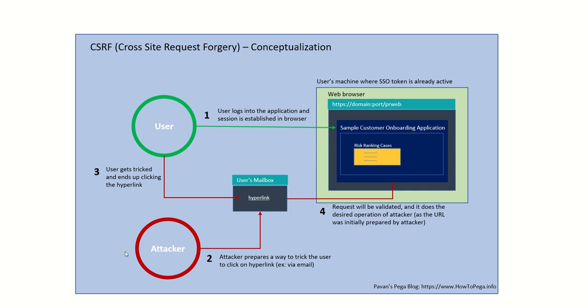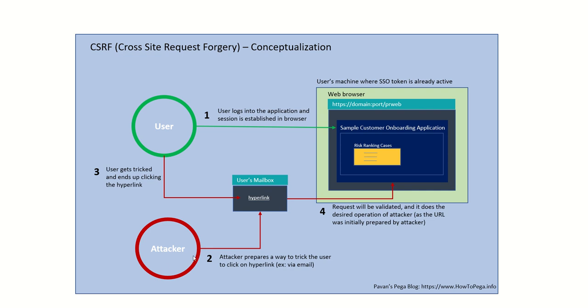Now, attackers are also aware of this scenario. Attackers are the pros who know the in and out of how sessions and tokens are established. Of course, the attacker cannot directly log into this application because the attacker does not have access to it.